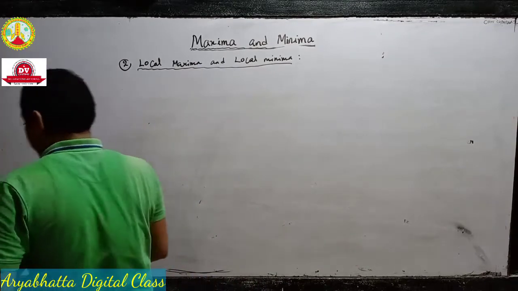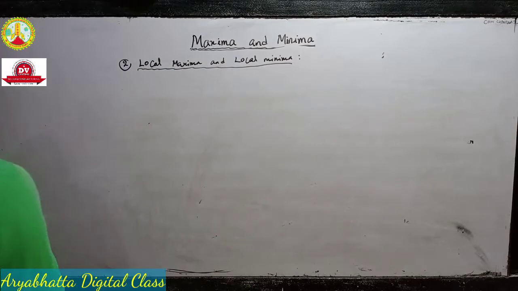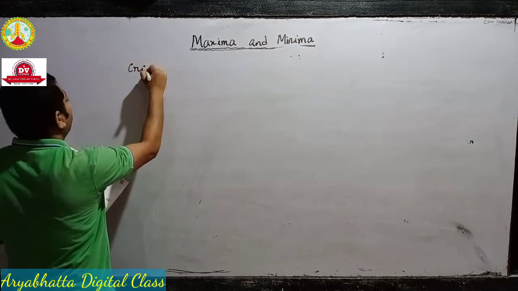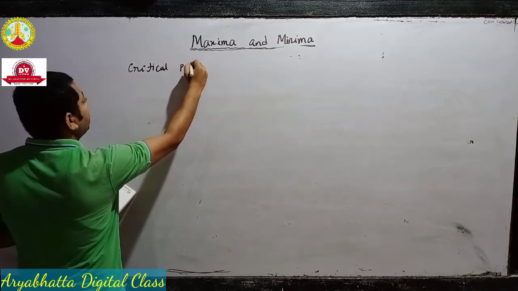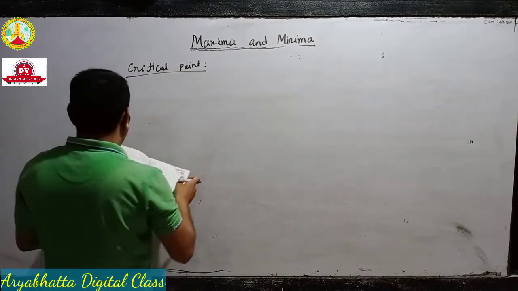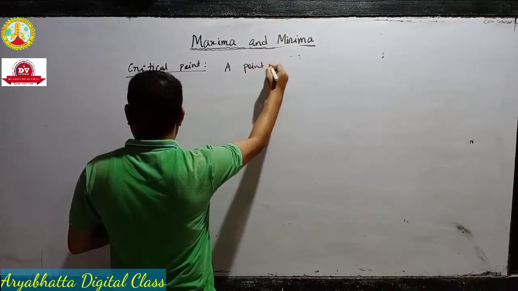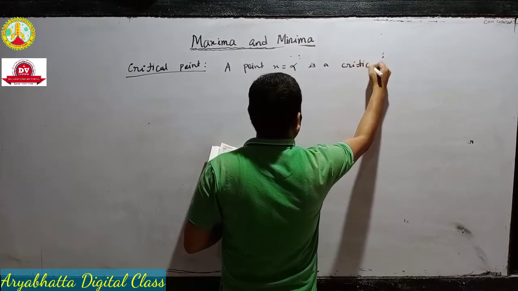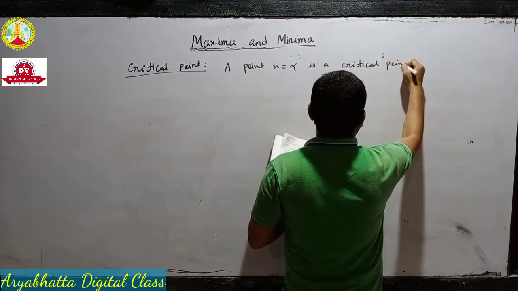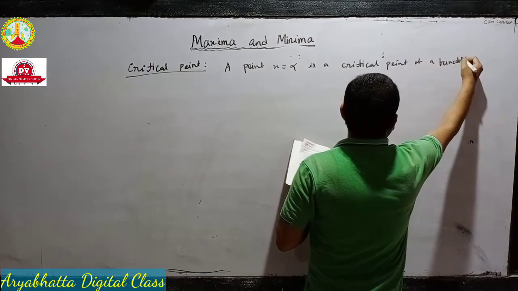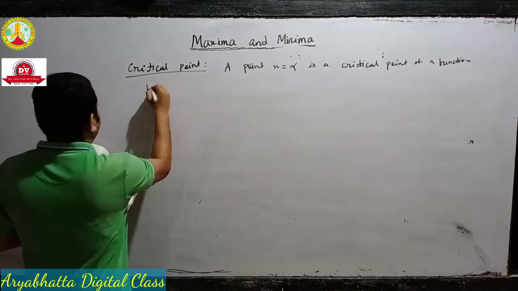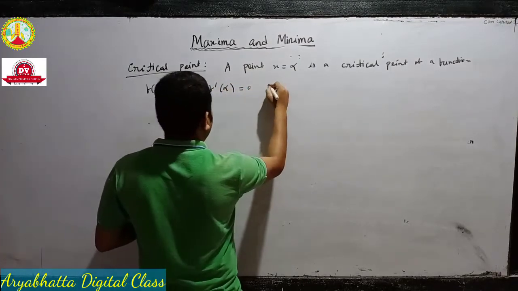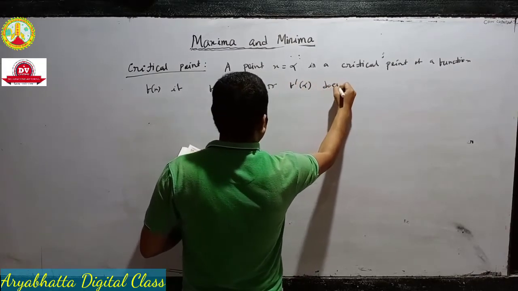Next, critical point. A point x equal to alpha is a critical point of a function f of x if f dash alpha is equal to 0 or f dash alpha does not exist.